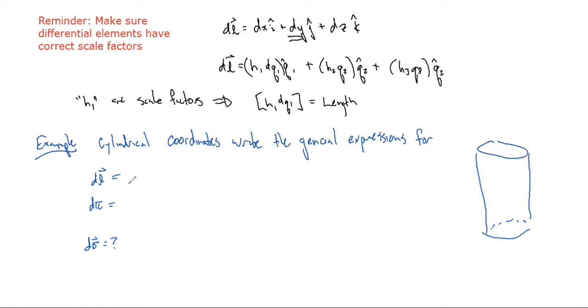Okay, what's the line element, general line element for some curve in cylindrical coordinates? And we'll call the triplet of numbers we're keeping track of rho, phi, and z.